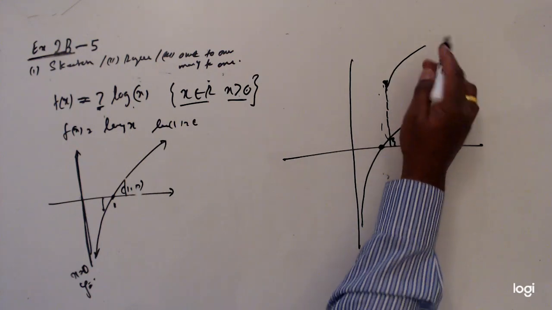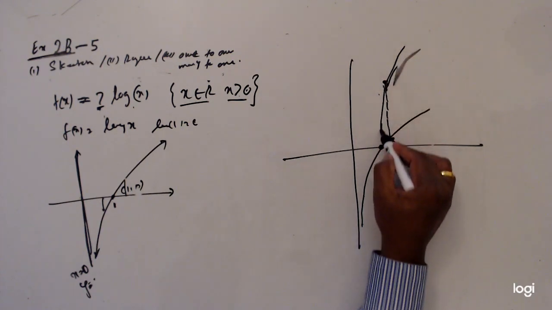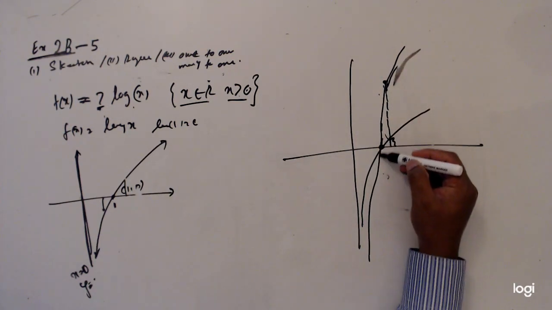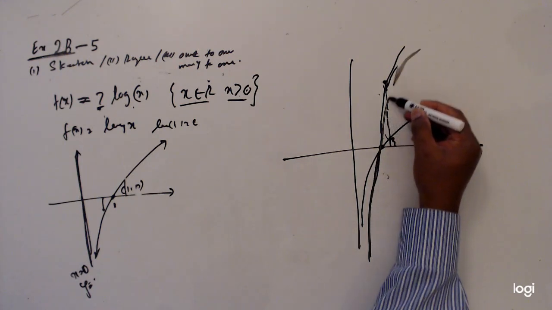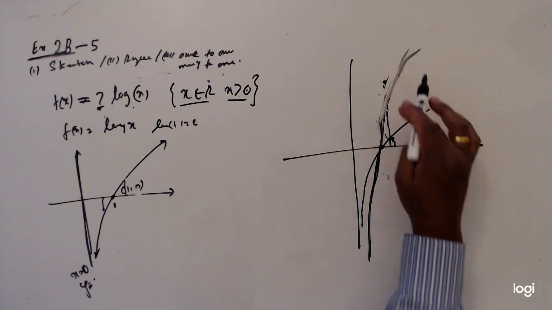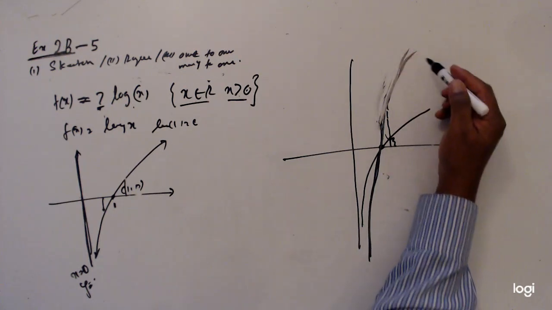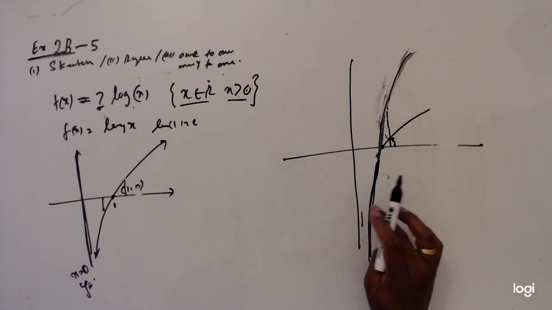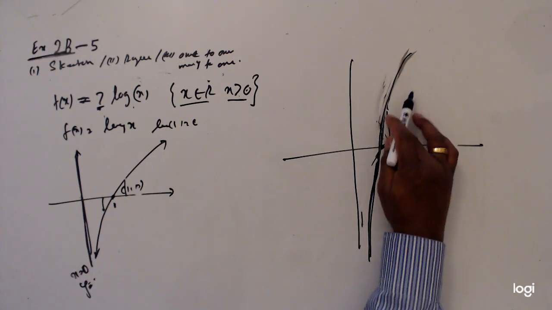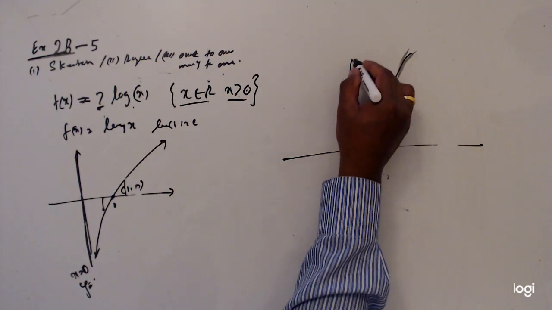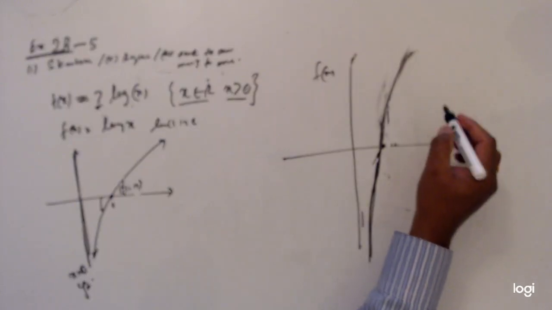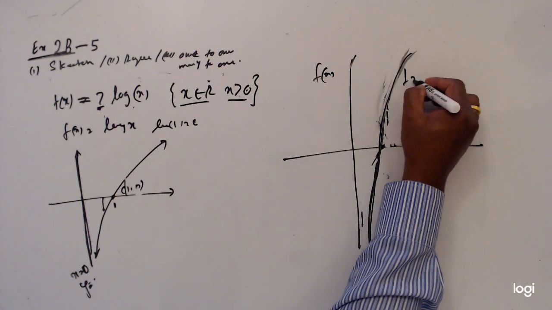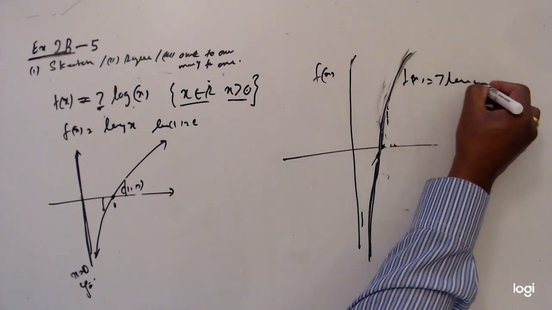So this type of graph is going to have higher steepness. So this is f(x) equals 7 log x.